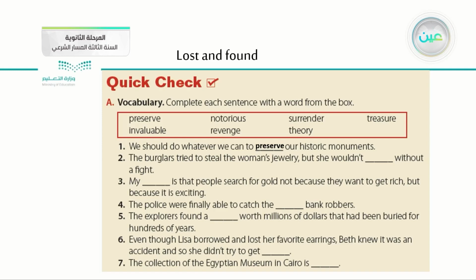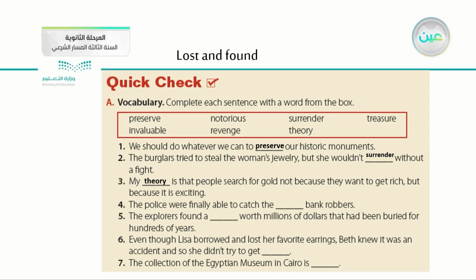I'd like you to think about them all. So the burglars tried to steal the woman's jewelry, but she wouldn't, let's see, surrender without a fight. That's very good, guys. What about number 3? People search for gold not because they want to get rich, but because it is exciting.